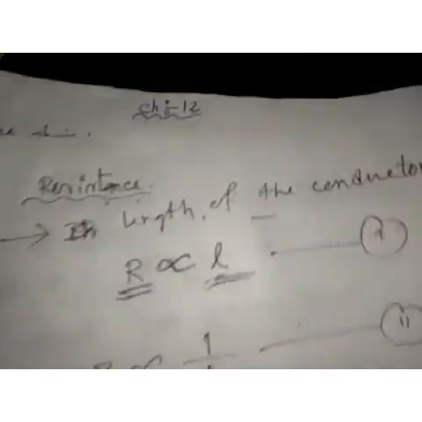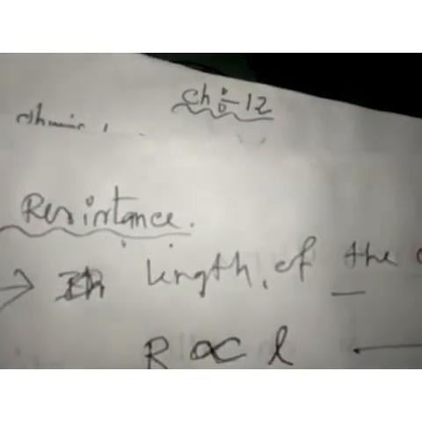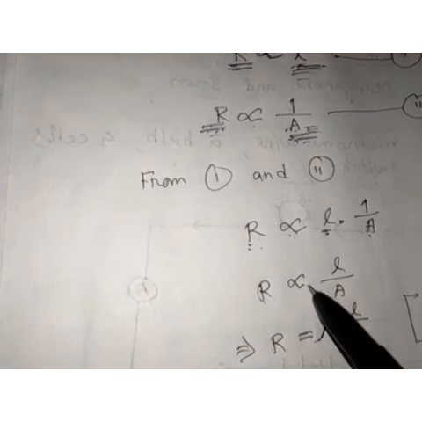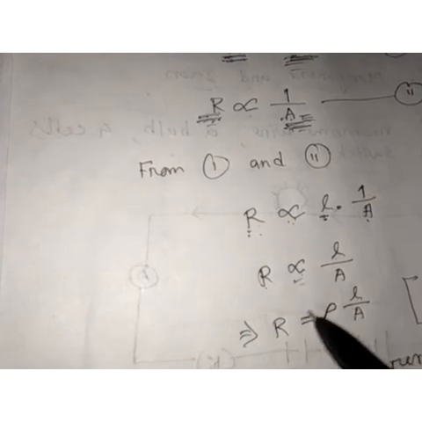Then what have you learned? Look, resistance of a conductor depends on its length, number 1. Number 2, resistance is inversely proportional to the area of cross section. So from these two, what do you get? R is directly proportional to the length and inversely proportional to area of cross section. Then R is proportional to L by A. Now remove this symbol, and at the same time you have to put an equal sign and a constant.